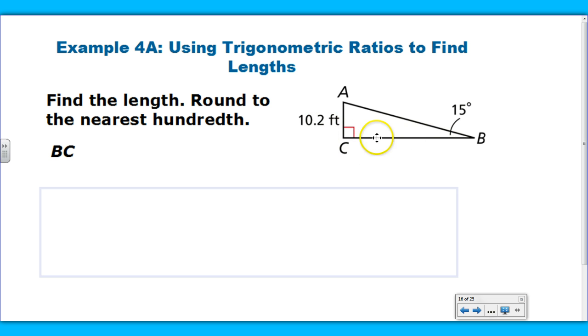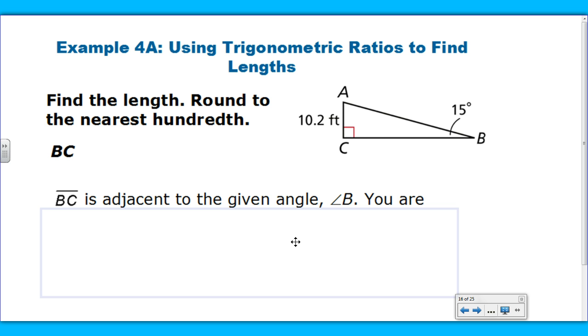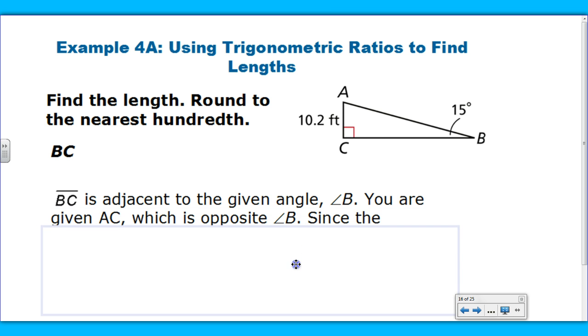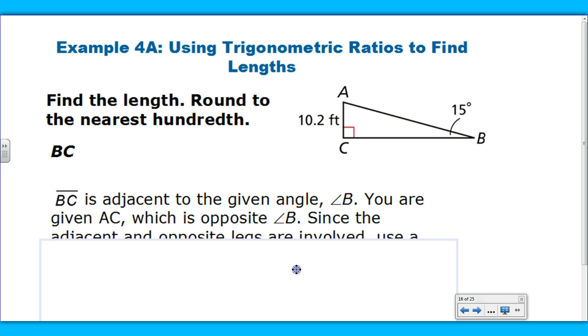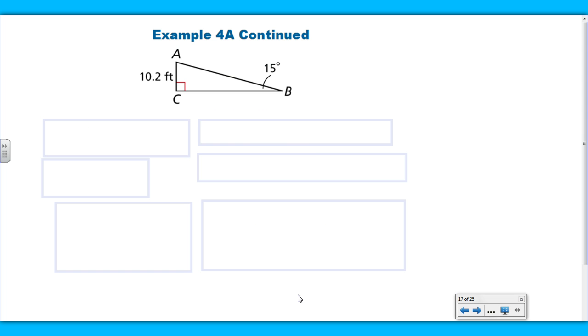And then we're trying to find this segment which is adjacent to 15 degrees. It's not the hypotenuse. So opposite over adjacent, we're using which ratio? Tangent, right? BC is adjacent to angle B. We're given AC, which is opposite. So we are looking for a tangent ratio.